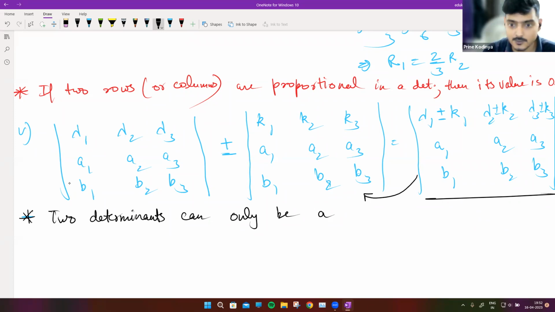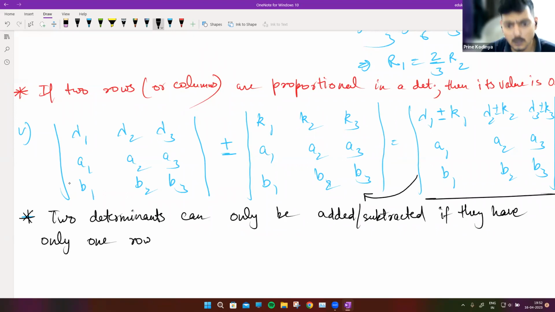And I'll break this first row as lambda1, lambda2, lambda3 in one determinant, and then k1, k2, k3 in another determinant. So two determinants can only be added or subtracted if they have only one row or column different. It can be anything.